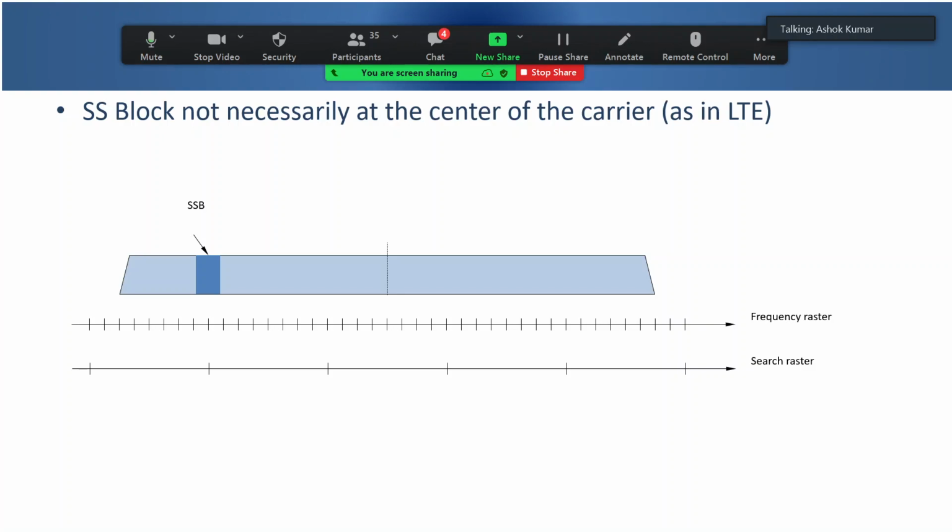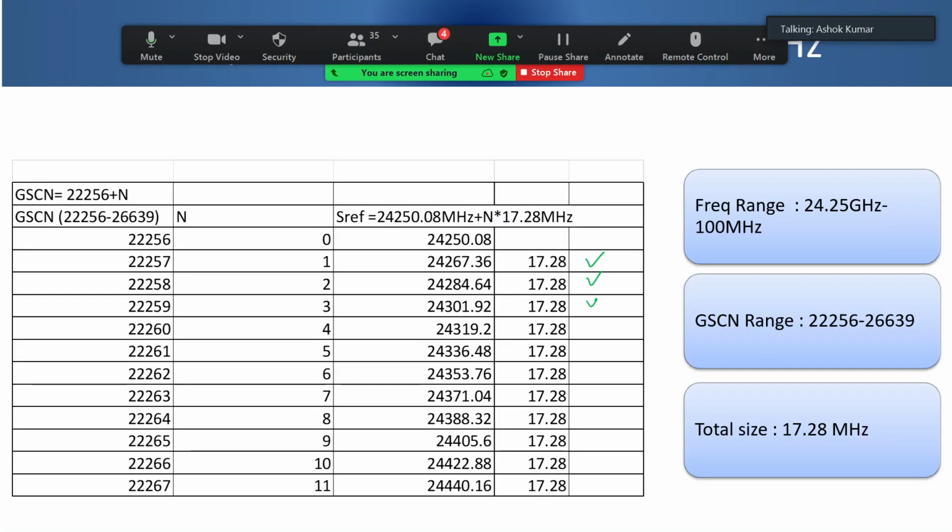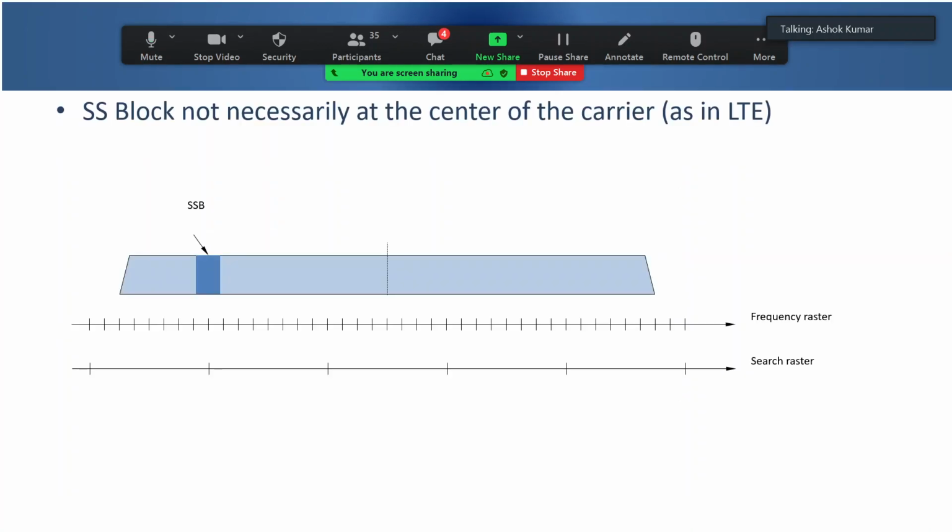For that, the SSB can start from any other frequency position in any of those SREF frequency points, or channel raster, we say it. So is that answered? That means your device has to start looking at the synchronization signal in its supported bandwidth part from the start of that. Is that okay?